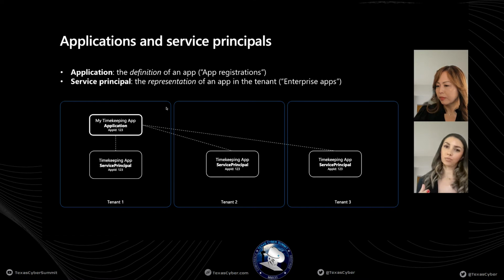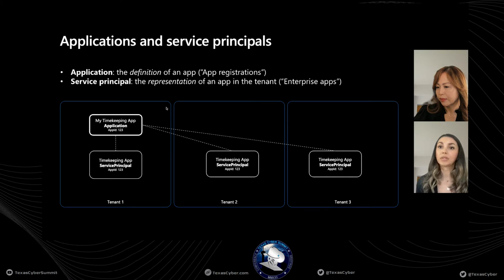While service principal can reside in multiple tenants, and it contains the configuration of that application. So think your own sign-on URLs or reply URLs that are specific to your tenant. And just to give a real-life example, let's say Gloria and I have this timekeeping application and we have registered it in our tenant.